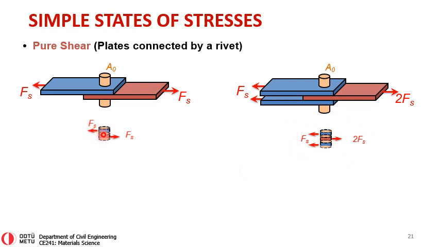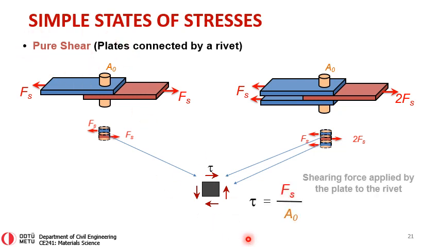Now if you take an infinitesimal area from those points, you will be able to calculate a shear stress. And there are no normal stresses, as you can see, and that's why we call this pure shear. We calculate it as the shearing force divided by the cross-sectional area of the rivet.